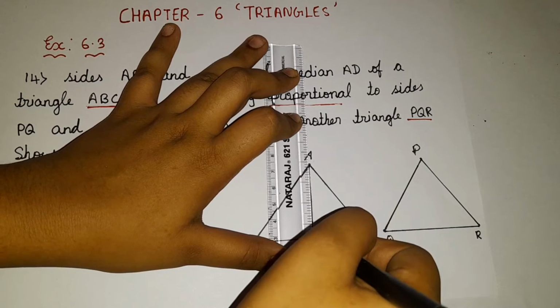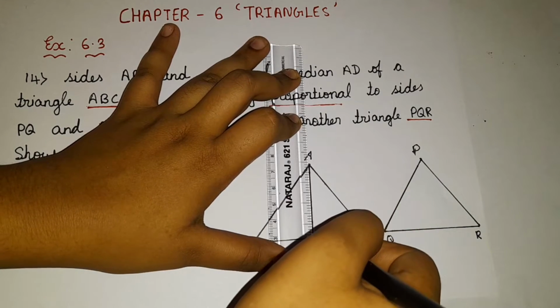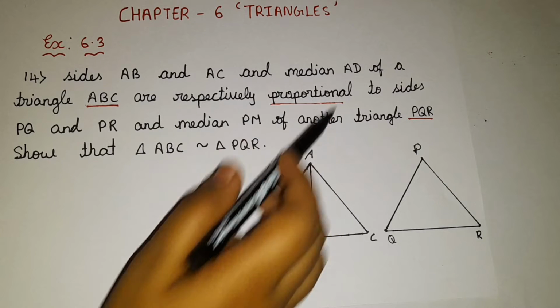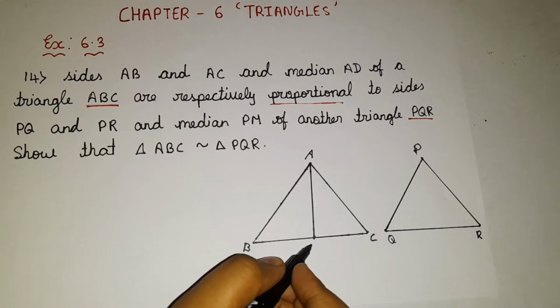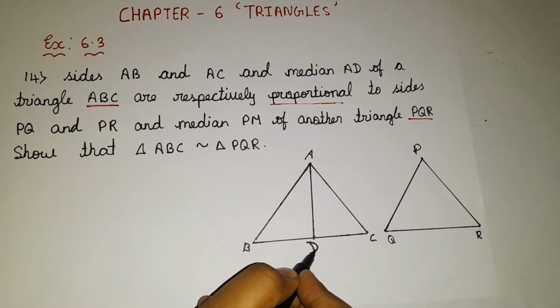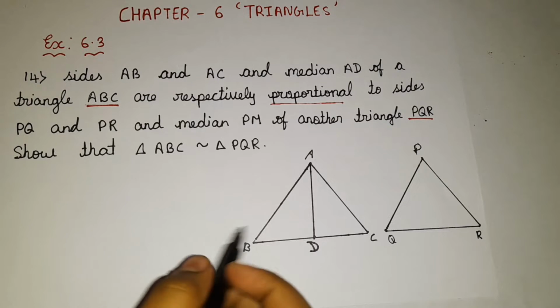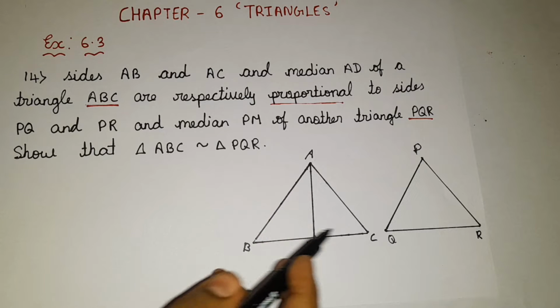If I draw a line in the middle, this is known as median. What is the name of the median? AD. Already we have A, so I am supposed to write D right over here. So this is the median AD of triangle ABC.